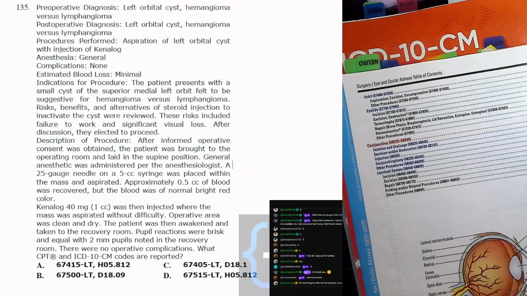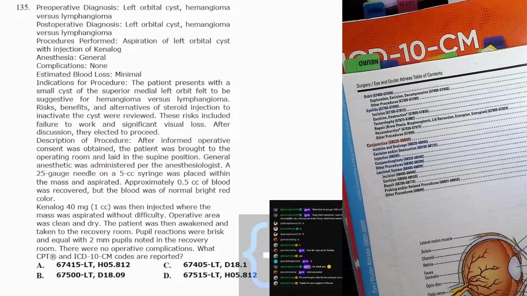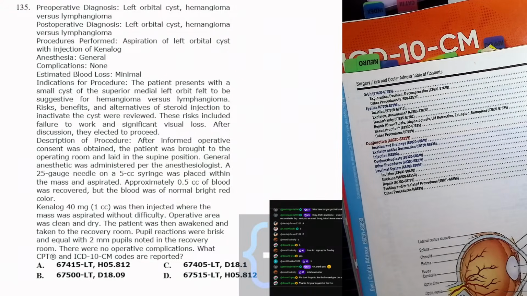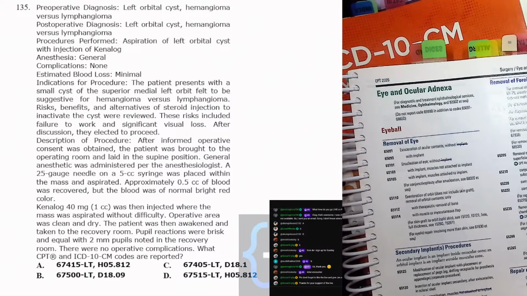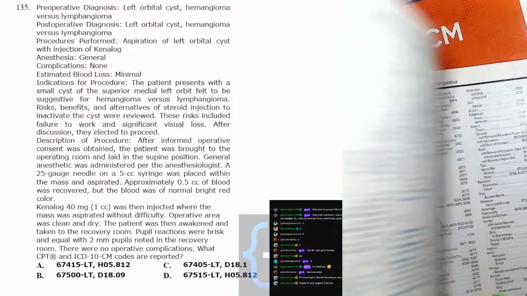Usually when your second and third digits change, that means you have a different surgery. You went from incision to excision, or from repair to reconstruction, something like that, which can help you get down to the correct answer.